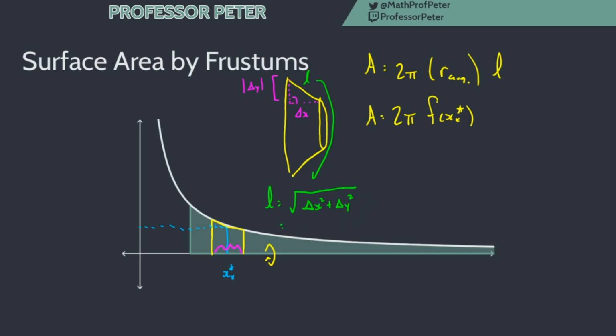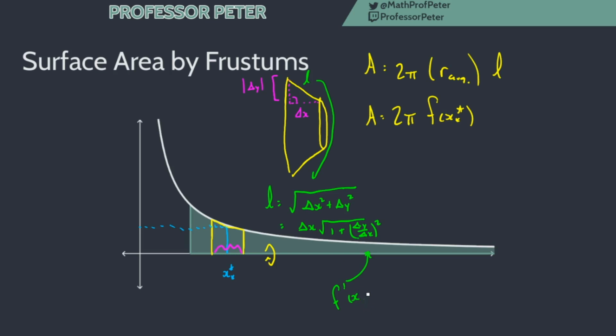Then what we can do is do some kind of factoring. And we can say this is delta x times the square root of 1 plus delta y over delta x squared. Then we'll use something called the mean value theorem that says that we can swap this thing out for f prime of x at a specific x value.